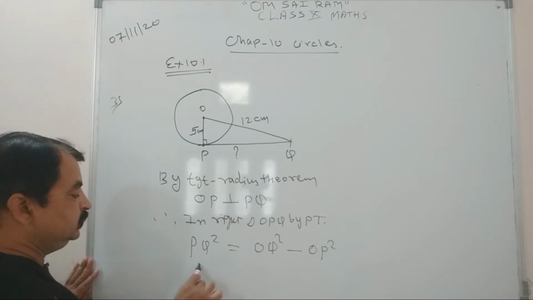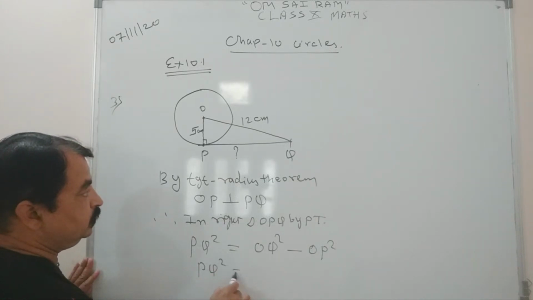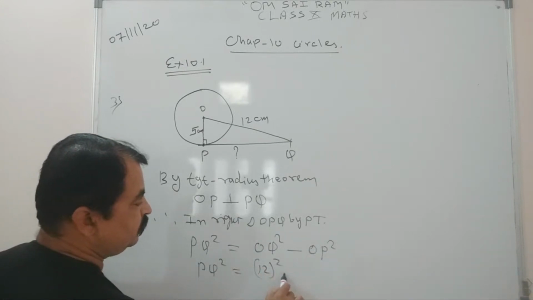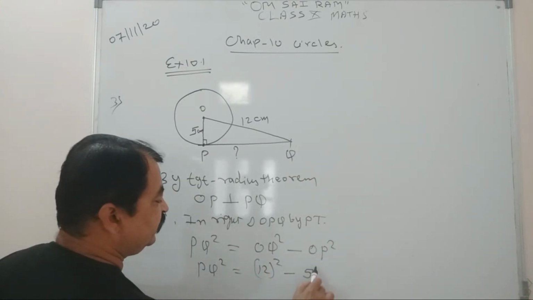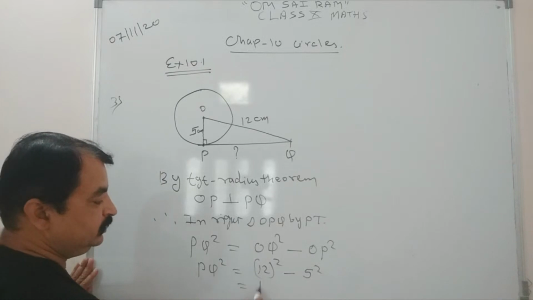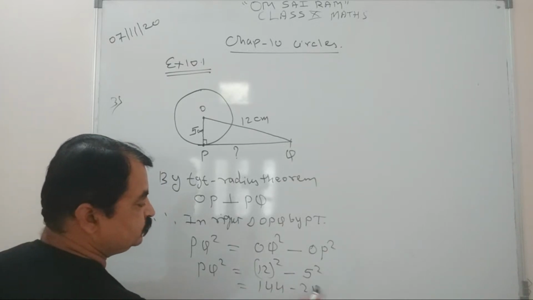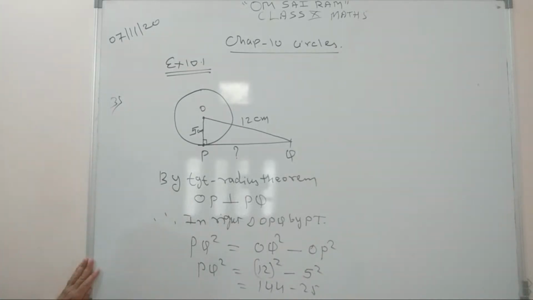Okay, children? So PQ square is equal to OQ, what is the OQ? 12. So I'll write here 12 square. And what is the OP? 5. So I write here 5 square. So what will you get? 144 minus 25. Okay, children.